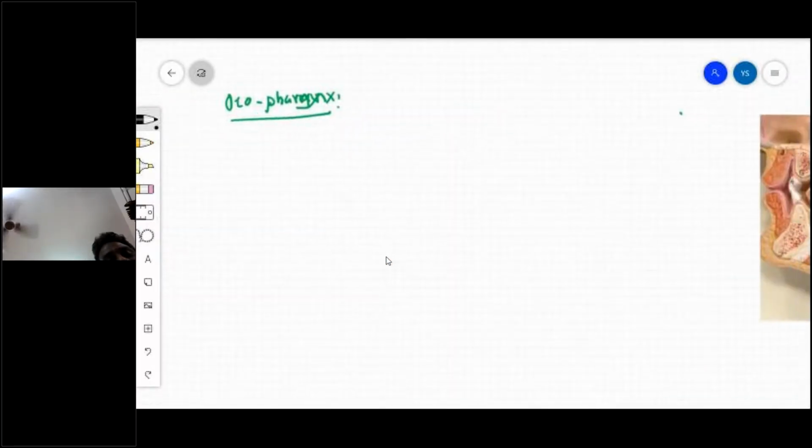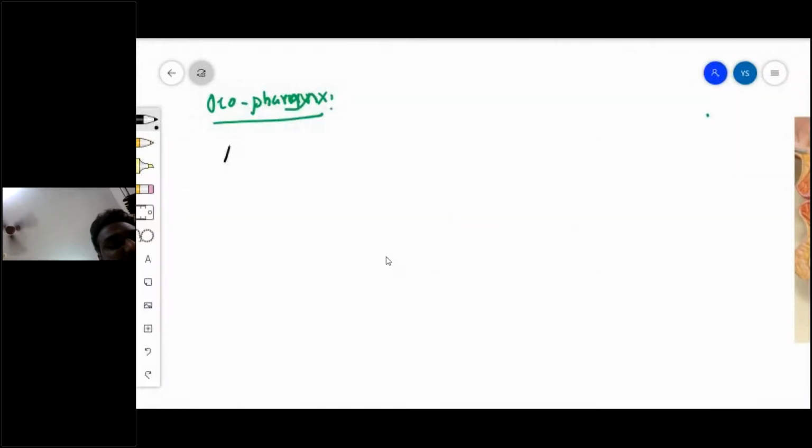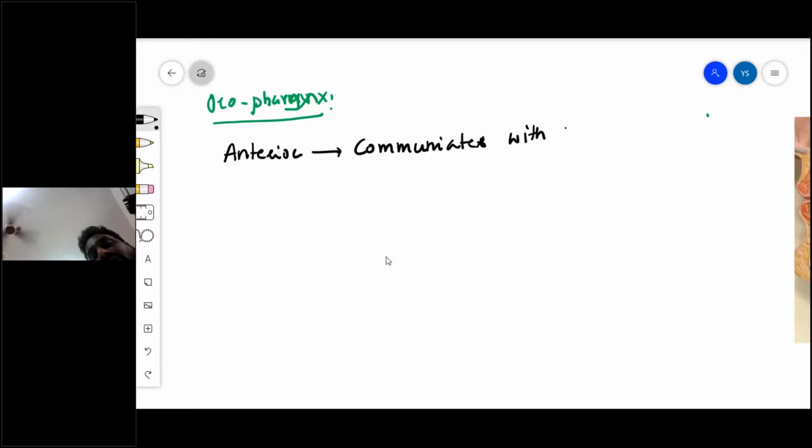Now we write down the boundaries of the oropharynx. What is the anterior wall? Anteriorly, it communicates with which cavity? It communicates with the oral cavity through the oropharyngeal isthmus.